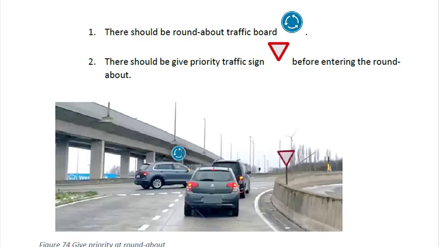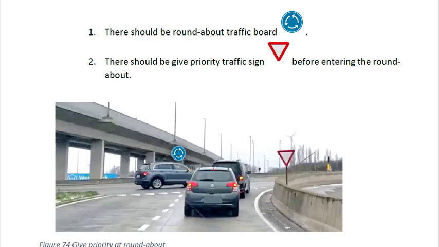So it is placed on the roundabout, and then there should be a give priority shark teeth or inverted triangle before entering the roundabout, which tells the traffic that you must give priority to the traffic that is already on the roundabout. So you are only allowed to enter the roundabout when the roundabout is free.